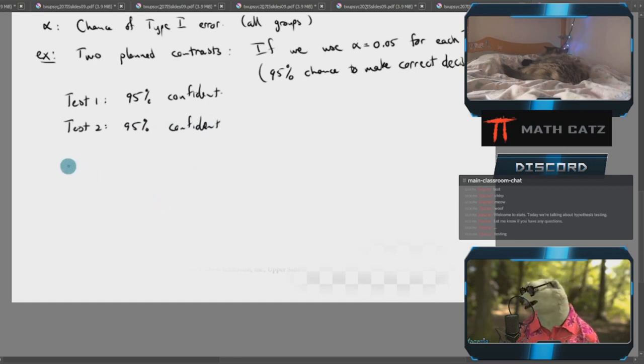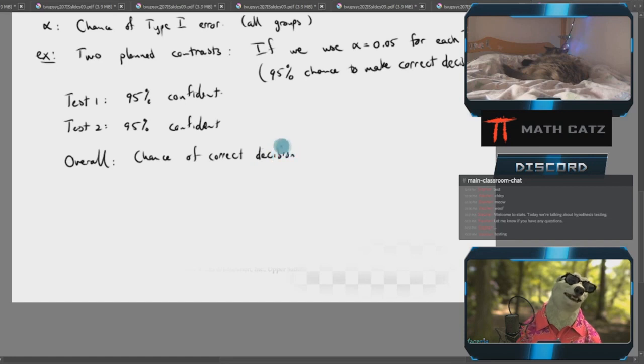So what happens overall? Well, not to get into how probabilities work too much, I have to do the decimal version here. My chance of making a correct decision overall, not making a mistake, is going to be 0.95 times 0.95, because it's one test followed by the next, followed by the next. It has a multiplicative property.